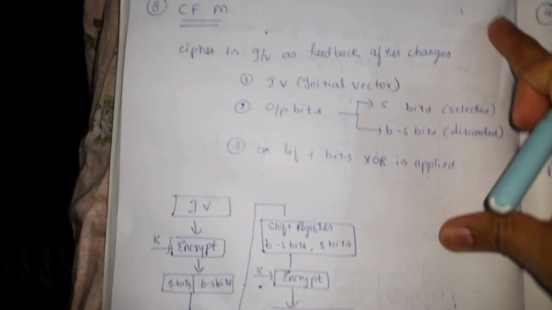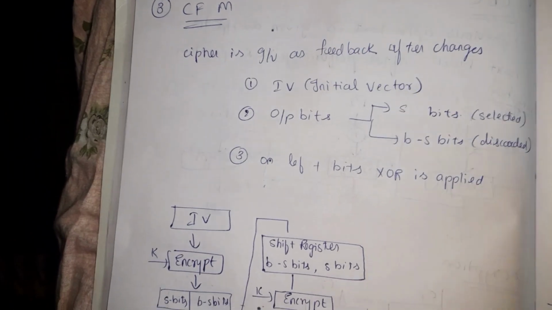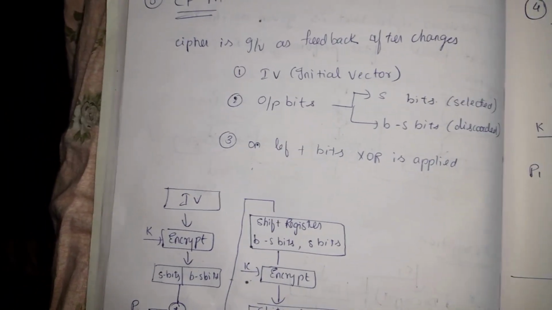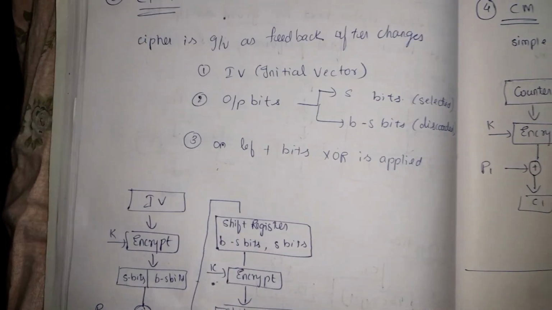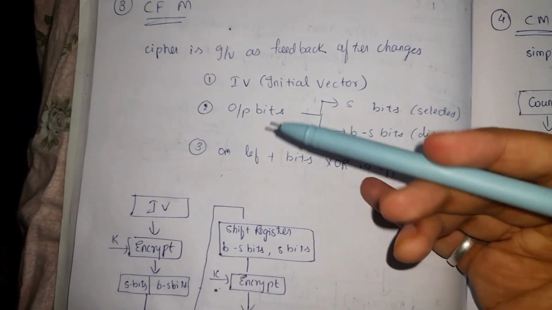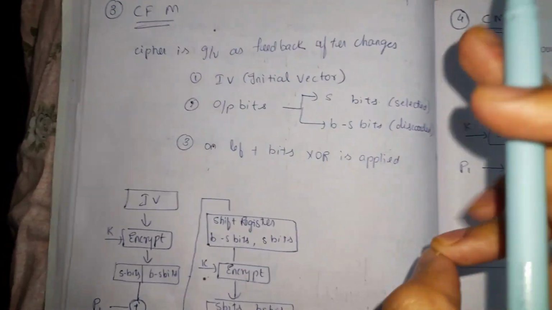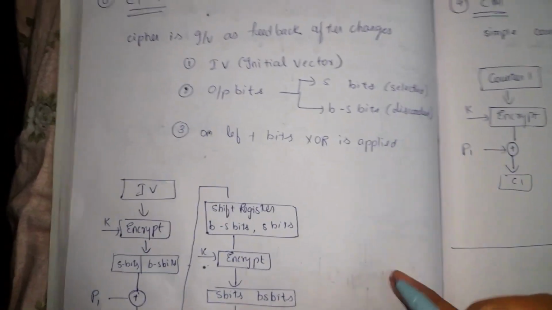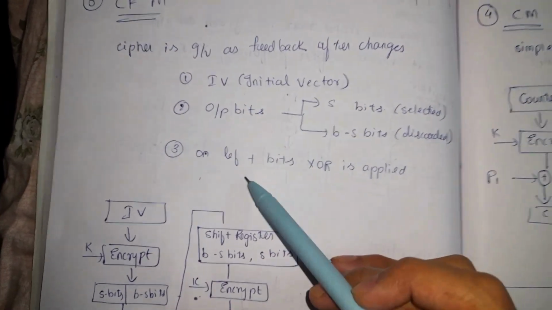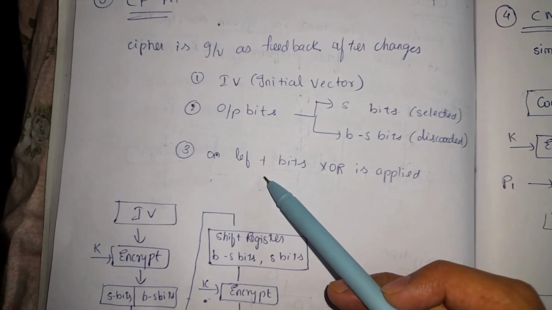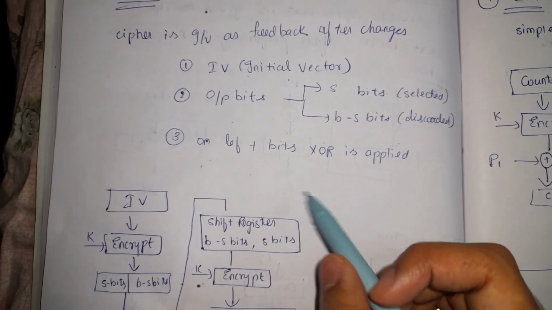Now the third mode of operation is the Cipher Feedback method. This is also similar to the previous one, the Cipher Block Chaining method. Here also a cipher text is given as feedback, but we are making a couple of changes.